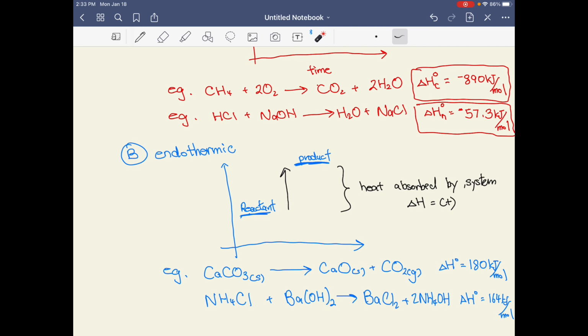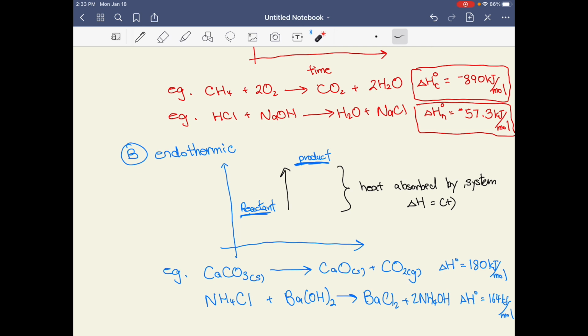You're reacting with oxygen. Neutralization is very specific. It involves acid and base. These are so general that a lot of people just don't put the reaction type there. But they do show the fact that we did this at standard conditions. So this reaction right here can absorb that much energy from the surrounding for every mole.